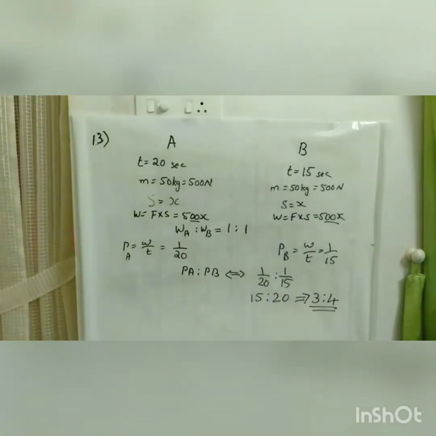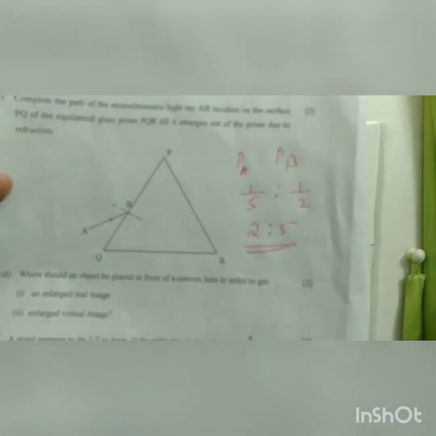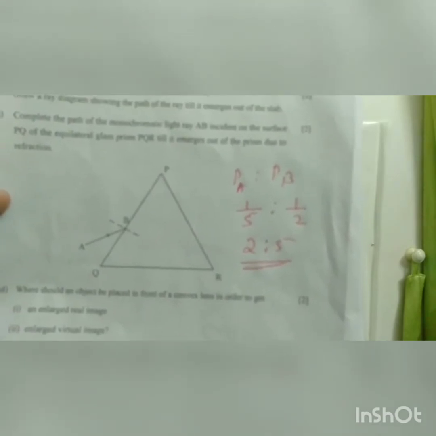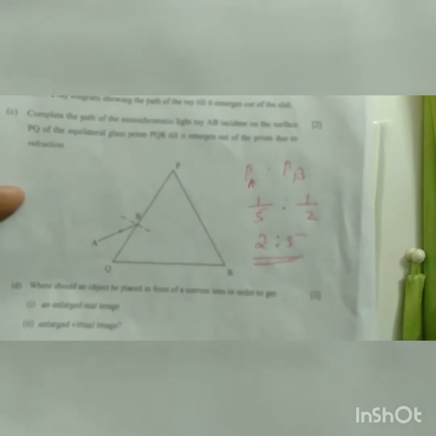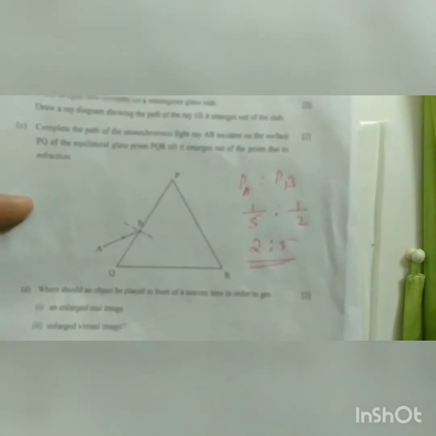So power of A is to power of B, work done is the same, so 1 by 5 is to 1 by 2. Cross multiplying, you will get the answer 2 is to 5. It carries 2 marks. Okay.